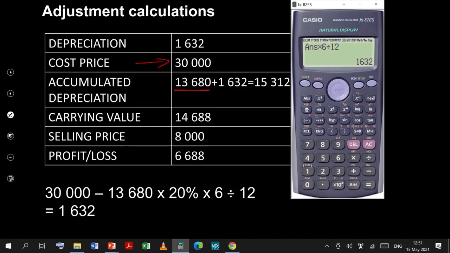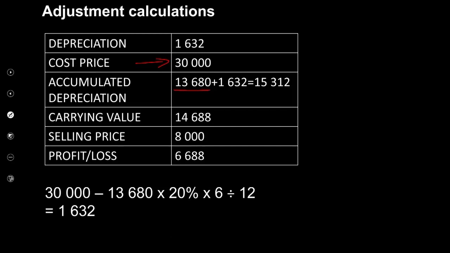And that gave me a figure of 1632. What was the 1632? That was my current year's depreciation.